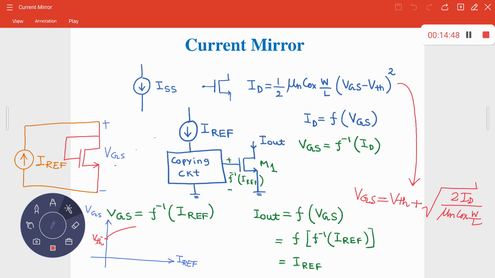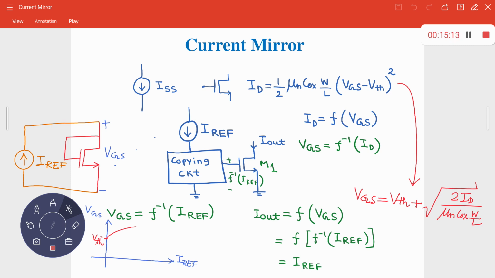Or rather, I is equal to half mu n C ox W over L times VGS minus VTH squared. This one is a function of VGS, and this function can be regarded as the inverse function, f inverse of I reference.